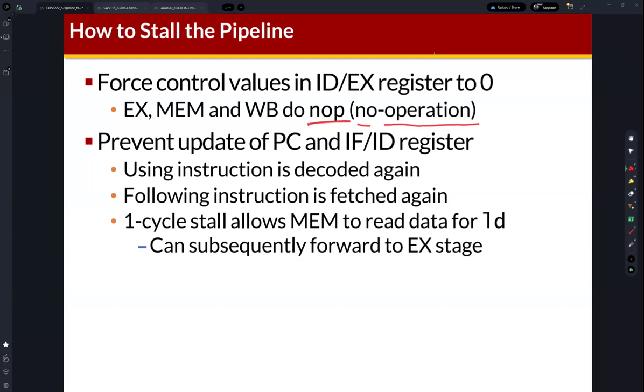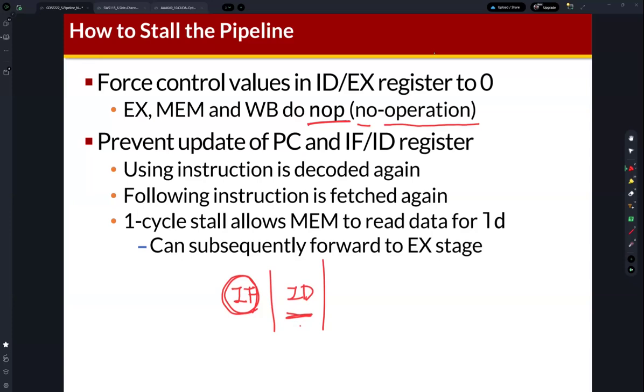The instruction stays in the ID stage, and then the instruction in the instruction fetch stage is also stalled in the instruction fetch stage, right? Because the previous instruction stays in this stage, the following instruction cannot propagate to the next stage.